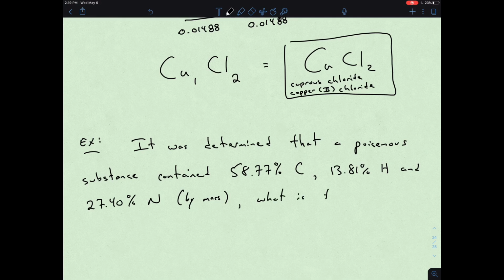What is the empirical formula for the poison?